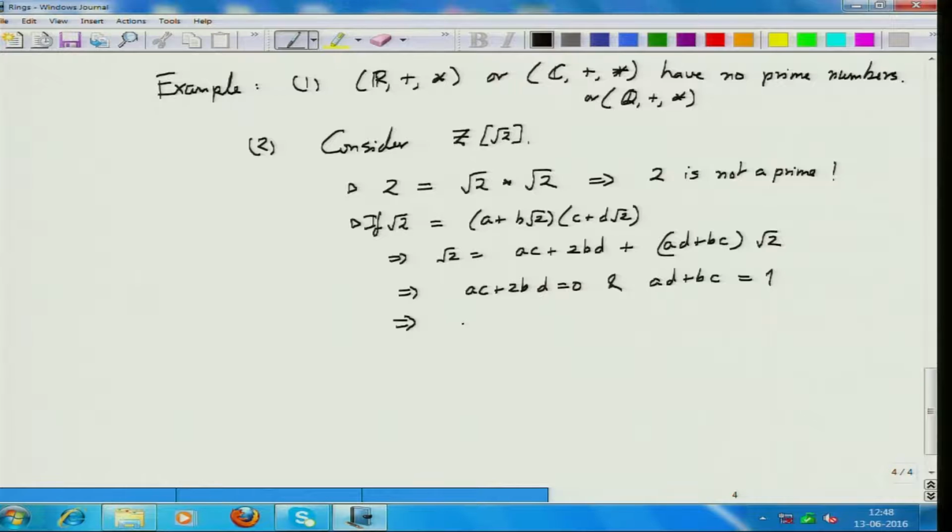This tells us that d is equal to minus ac by 2b, and here we get minus a square c by 2b plus bc is 1, and this gives us 2b square minus a square times c is 2b. And a, b and c, all three of them are integers.